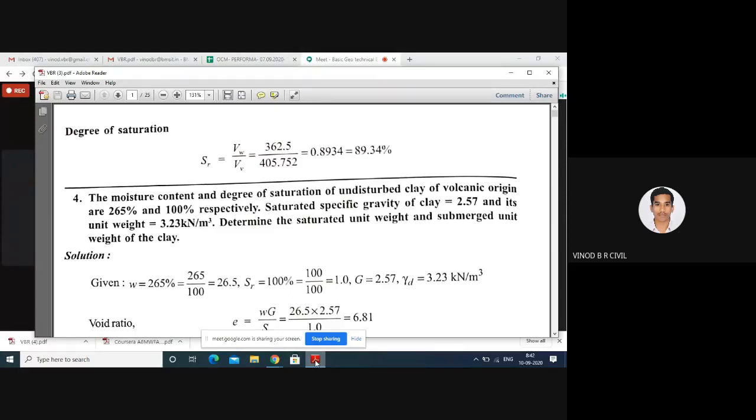The specific gravity of the saturated clay is 2.57, and its dry unit weight is 3.23 kilonewton per meter cube.